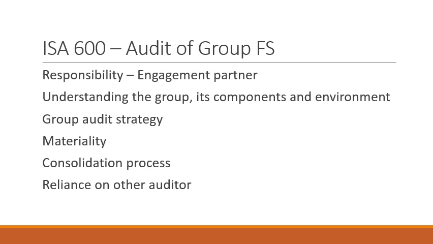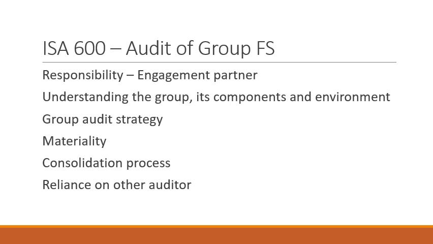The group engagement partner is also responsible for setting the group materiality and allocating that group materiality to the various components. Then he also needs to assess whether there are any insignificant components within that group.